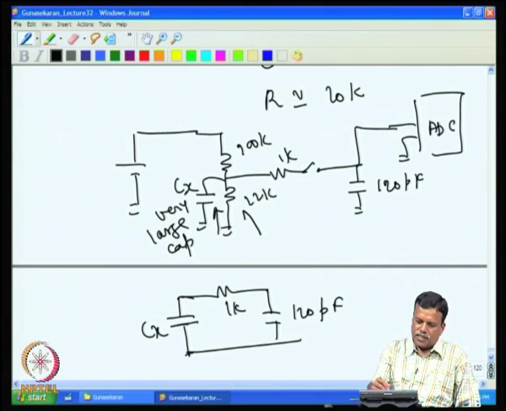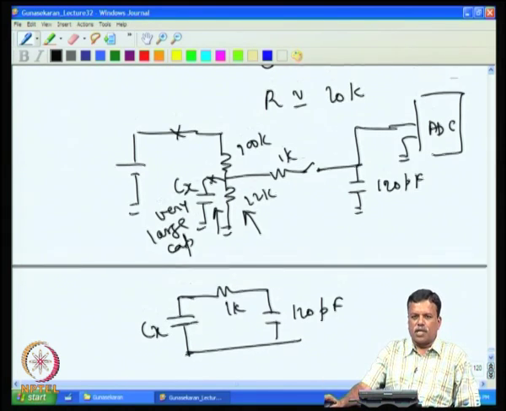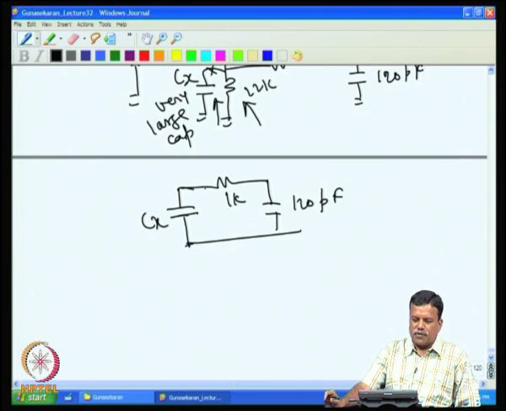But the problem with this is that if the battery voltage changes quickly, this voltage will not change quickly, and then controlling would become very difficult.